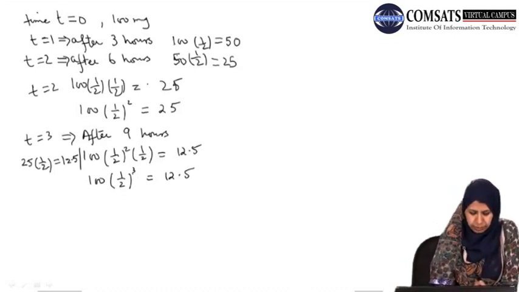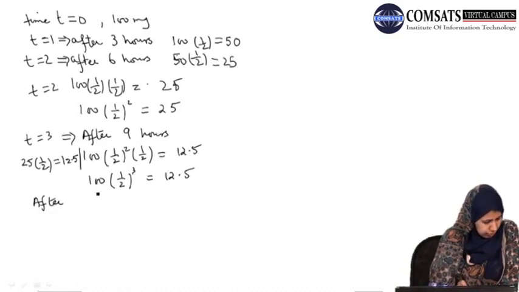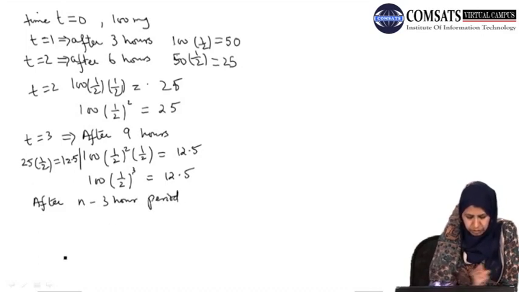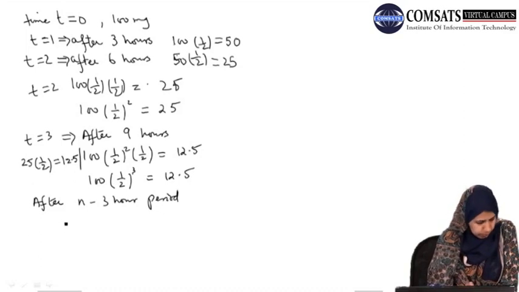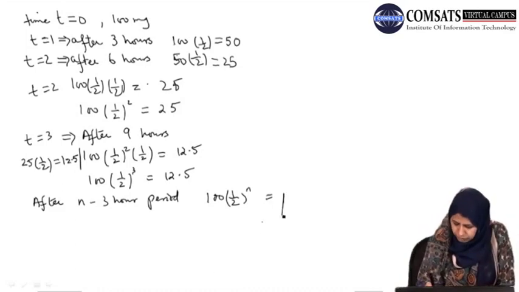So continuing in this way, we have observed that there is a particular pattern which is repeating after every 3 hours. So after n periods of 3 hours, the amount left will be equal to 100 into (1 by 2) to the power n, which we call A.